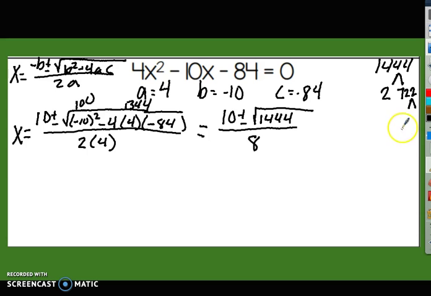What's the number that goes into 722? 2? How many times? 361? So I have a 2, I have a 2. Can I break down 361? Look at that.